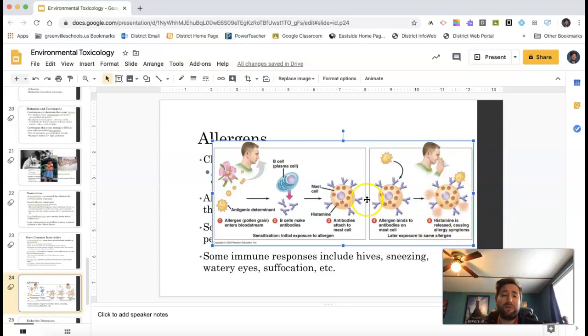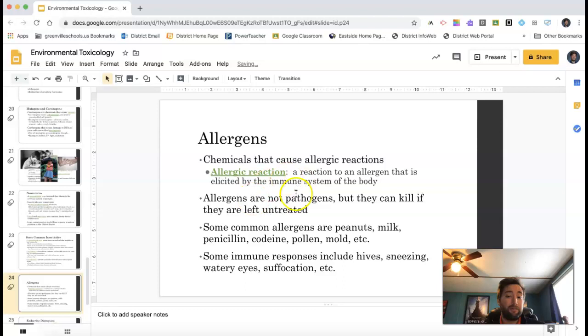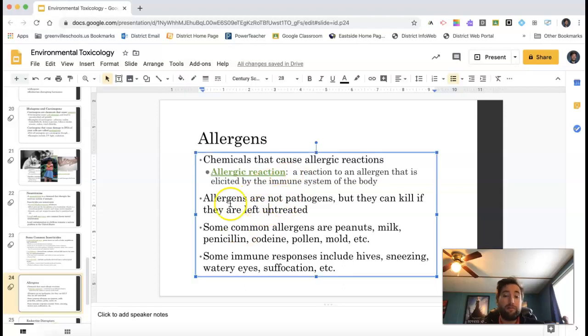And histamine is going to be the one that makes your nose runny, makes you cough and all that kind of stuff. Because what your immune system is trying to do is get you to get rid of this allergen, because it thinks that it's some sort of outside chemical invader. So Benadryl is an antihistamine, and an antihistamine is just going to block your response to that histamine that's being released by your body.